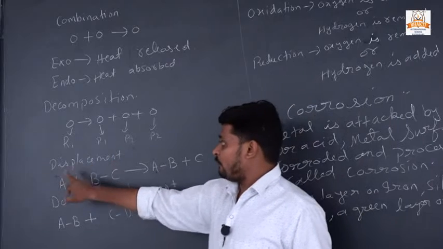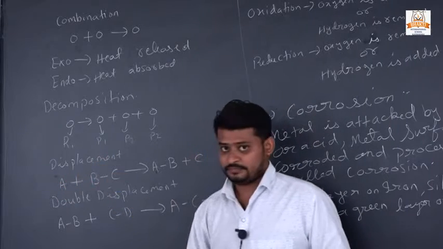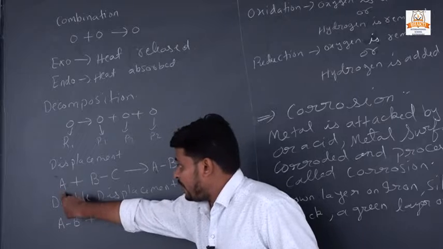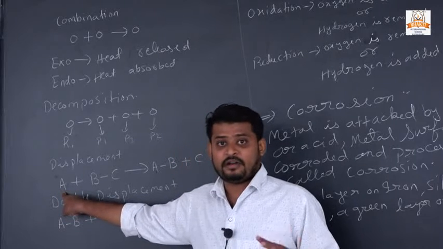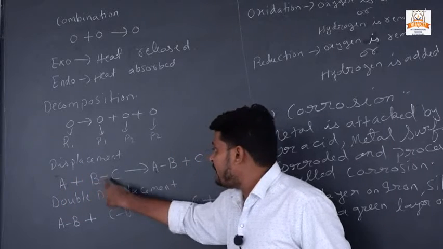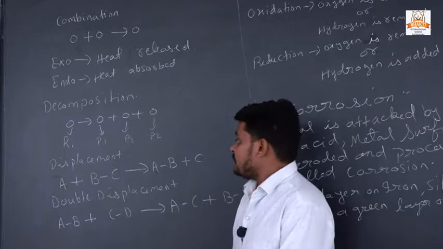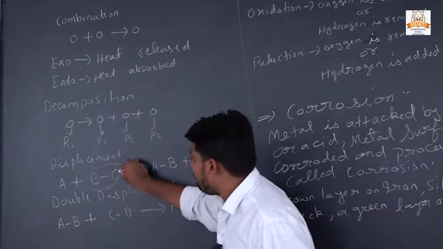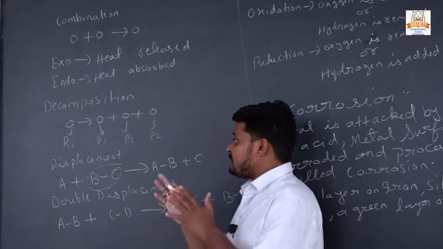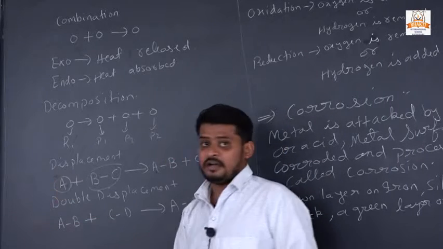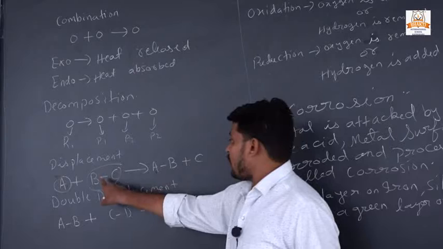Okay, and our fourth, displacement reaction. See it clearly. Here I will take A as any element or any metal and B and C, it is on a sign of minus, means these are in the form of compound. Means in displacement reaction we will take a single metal and a compound.